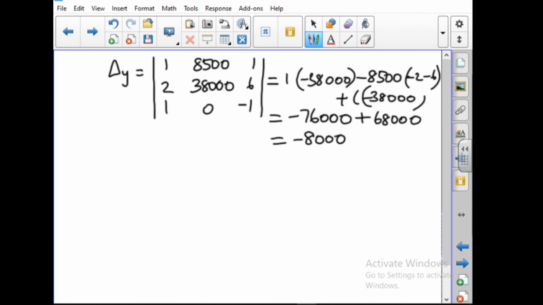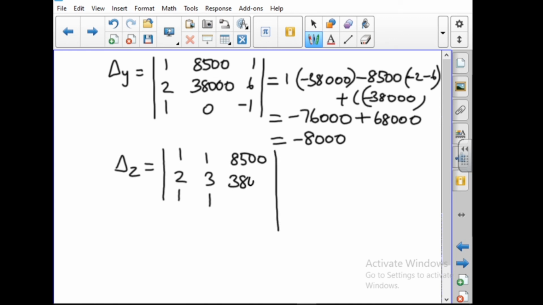Next we need to find out delta z. First column 1, 2, 1. Second column as it is, 1, 3, 1. Third column constants, 38,000, 8,500, 0. So when you are doing this, 1 into minus 38,000, minus 1 into 0 minus 38,000.